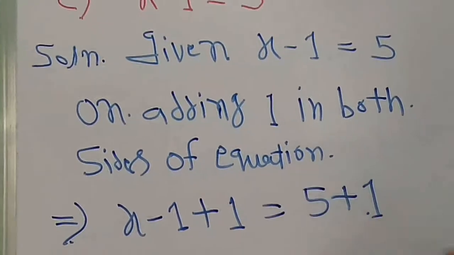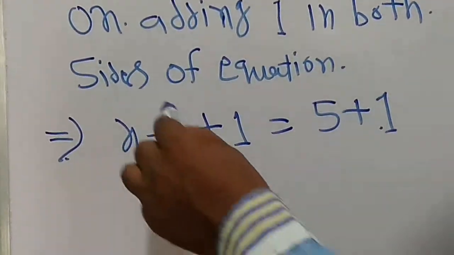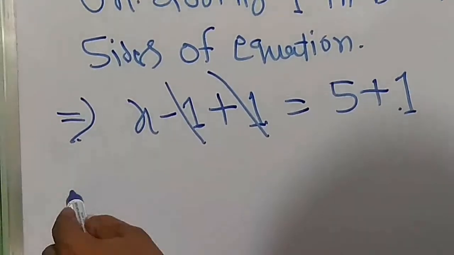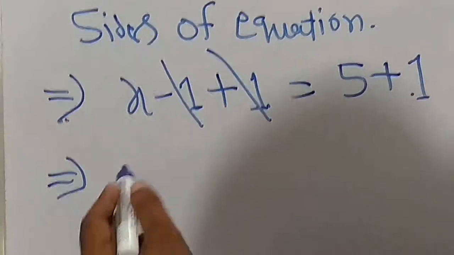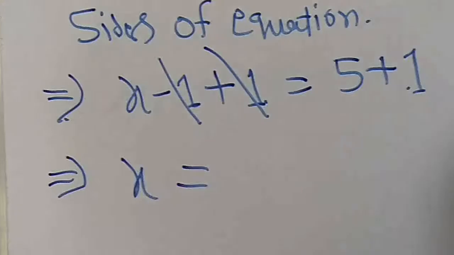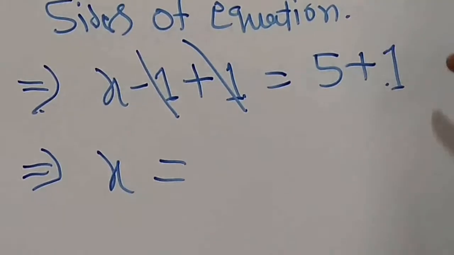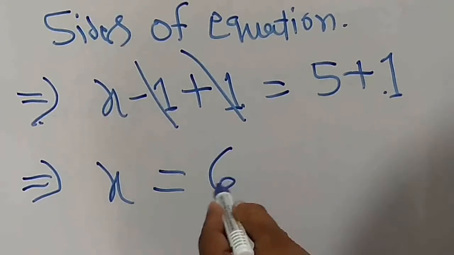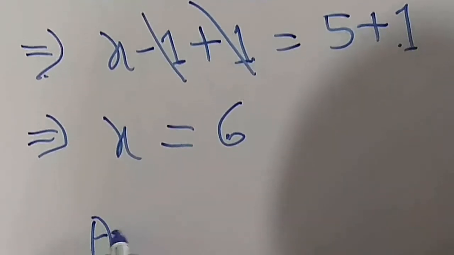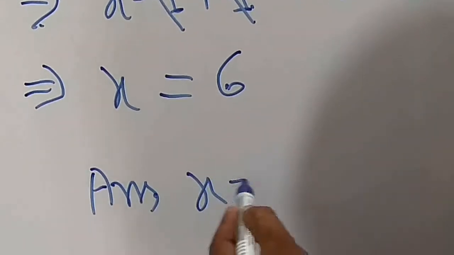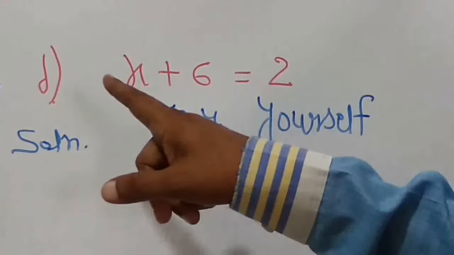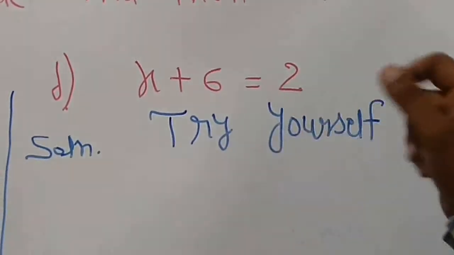Minus 1 plus 1 cancel, so the answer is 0. And what remains here? It is x. X equal to, on the right hand side of this equation, 5 plus 1 gives you the 6. So the answer is x equal to 6.